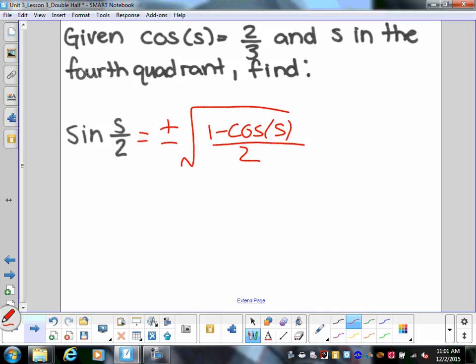And instead of writing A, I'm going to write S because that's the variable we're using in this problem. So we know what cosine is, so we can just plug it in.